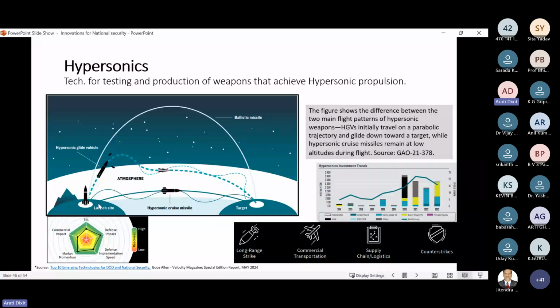The first one is the ballistic missiles movement, which takes a long way. Then intermediate is the hypersonic glide vehicles, and the one that is almost going near the ground is hypersonic cruise missiles.